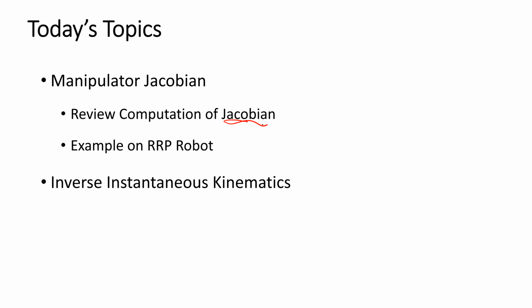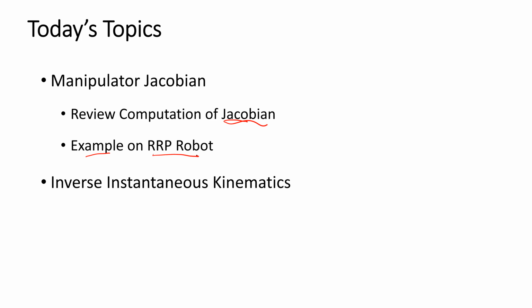And as I mentioned last week, if we see an example in one specific type of robot, we can get a clear picture on how we can compose the Jacobian matrix from a robot.